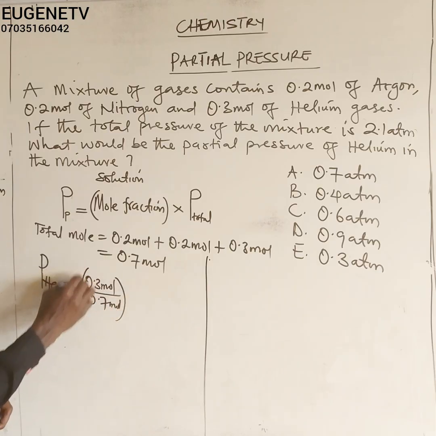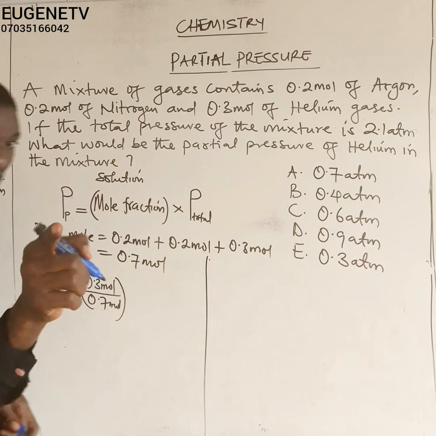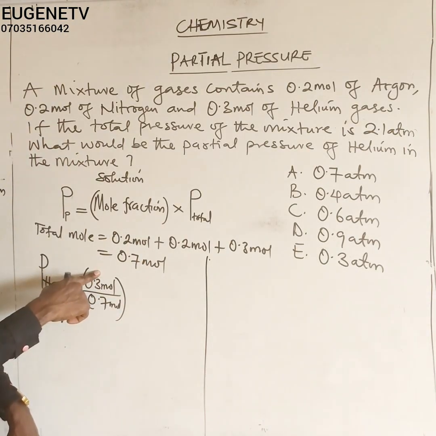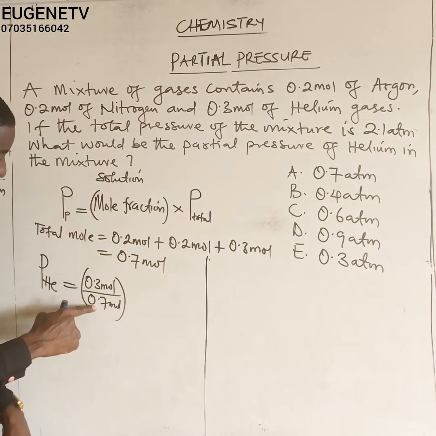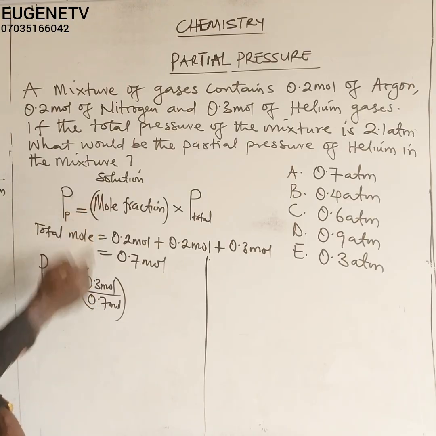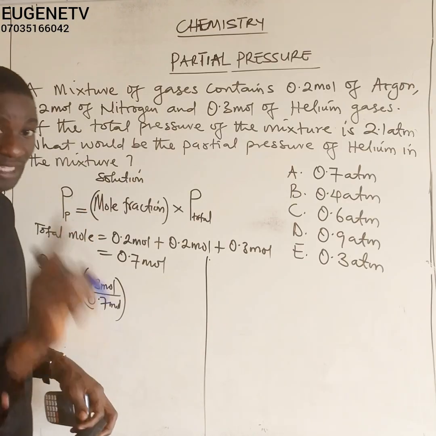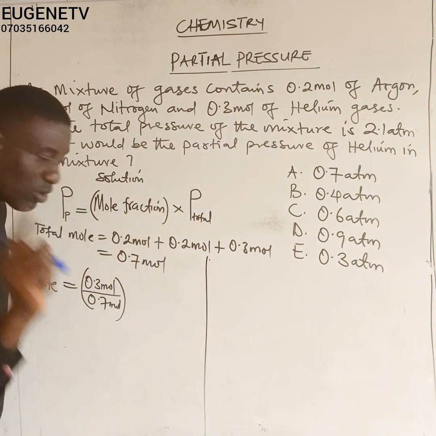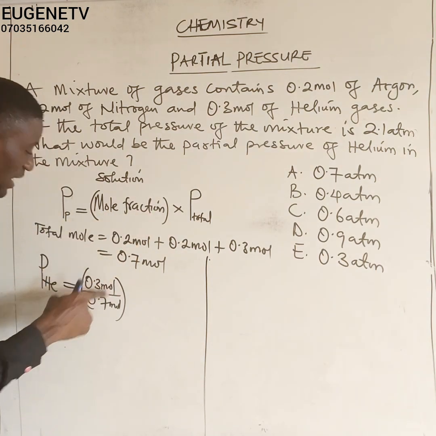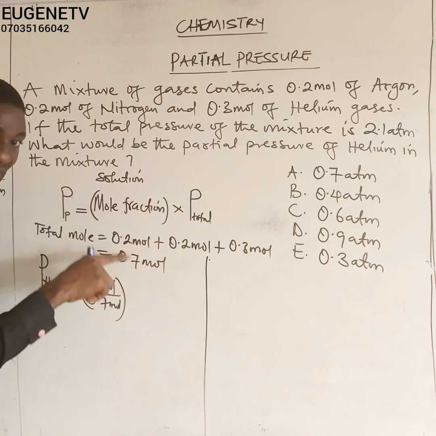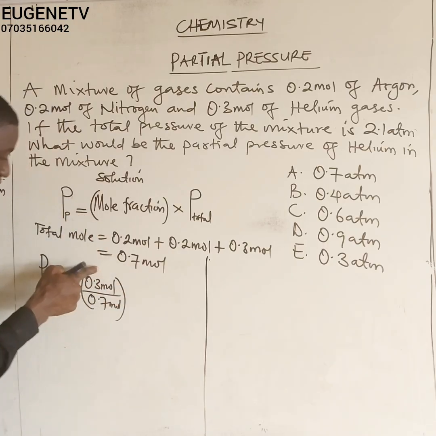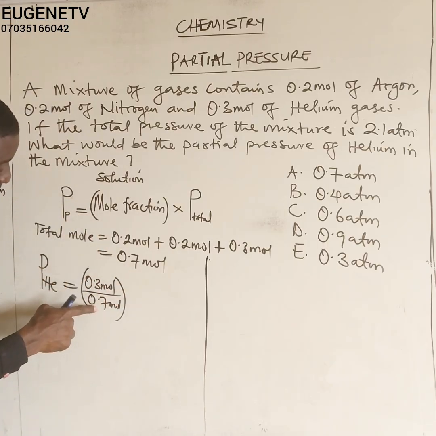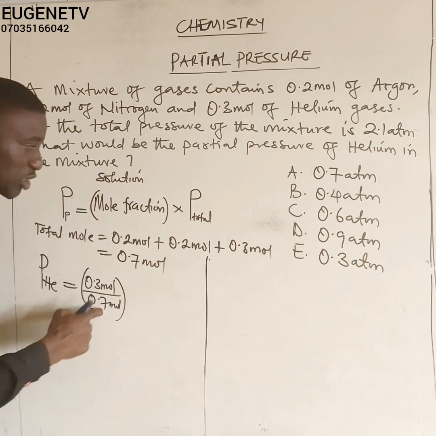This quantity, moles of helium divided by the total mole of the gas mixture, is what is called the mole fraction of helium. I established earlier that to get mole fraction, we take the mole of that gas and divide it by the total mole of the gases that make up the mixture. So 0.3 mole divided by 0.7 mole is the mole fraction of helium.